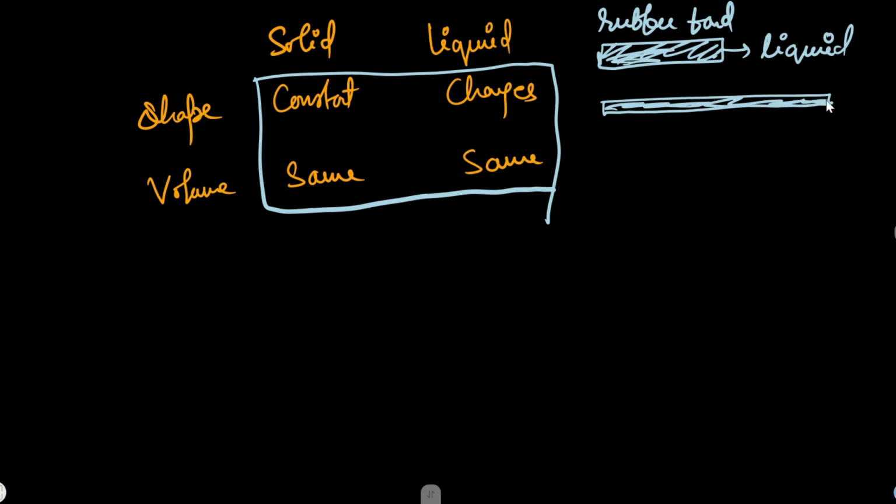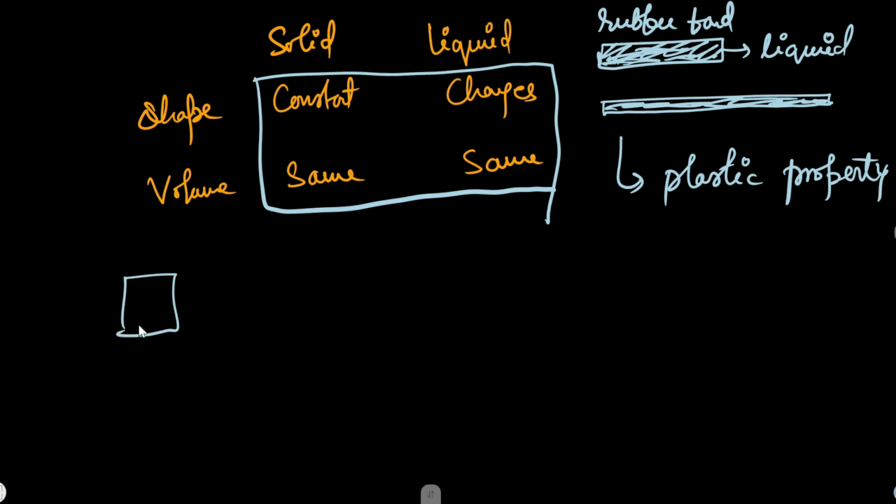That's why there are some solids for which we use a term called plastic property. What does this actually mean? If we talk about a sugar piece, it is purely solid. But what about the rubber band?